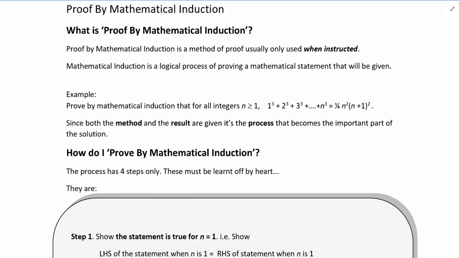In this final exercise, we look at a method of proof. Now, you may be wondering why we're looking at this method in the context of the exercises and chapters we've just looked at, and really the only connection is to remember in sequences we talked about the recursive term or recursive concept, where you can express a term by referring to the term before it or the term after it.